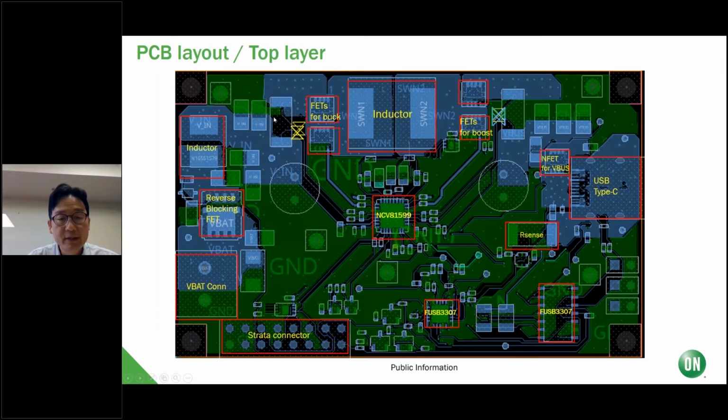Two sensor resistors on the high side, this is the VBUS path. And another RSense is for the low side, the ground return. So the return current is measured by the FPUSB3207. And so the OCP, or the current limit, is controlled by FPUSB3207.